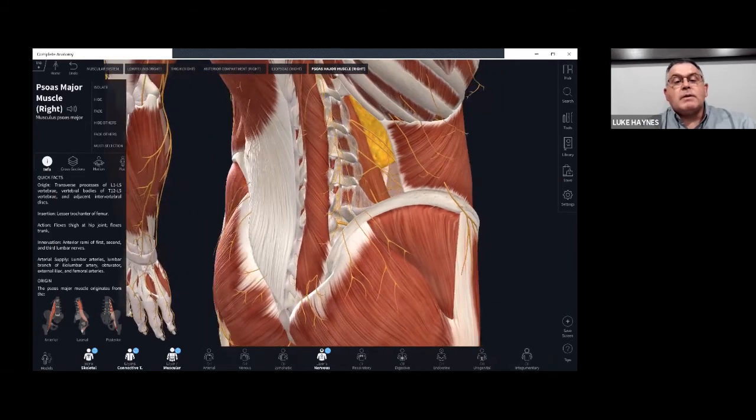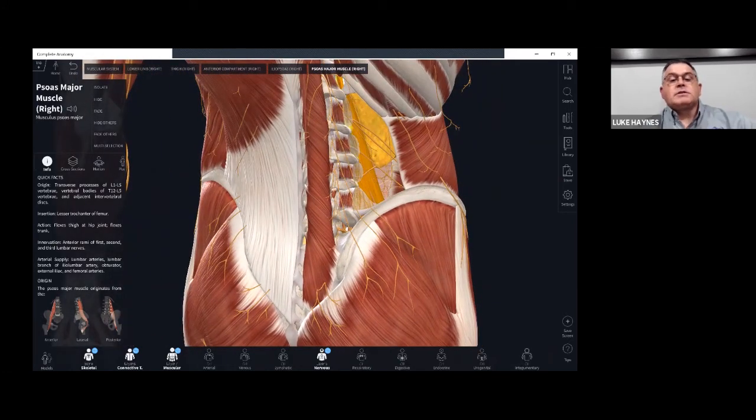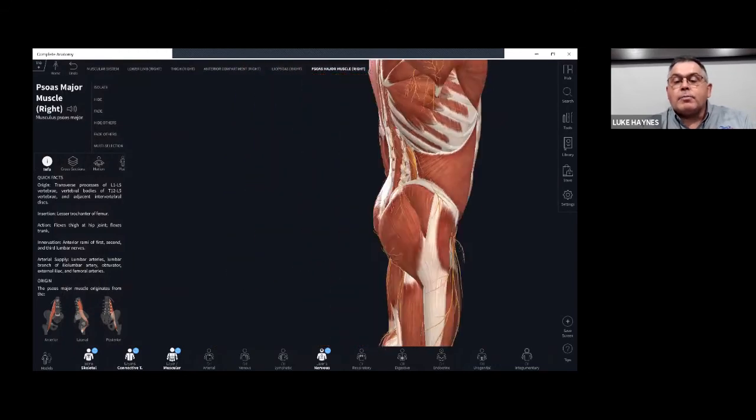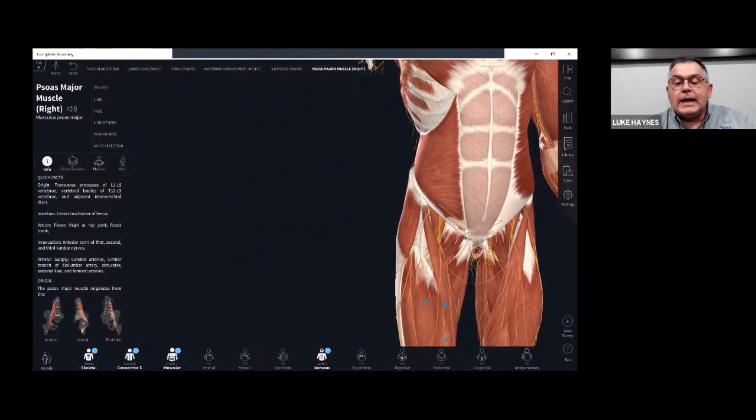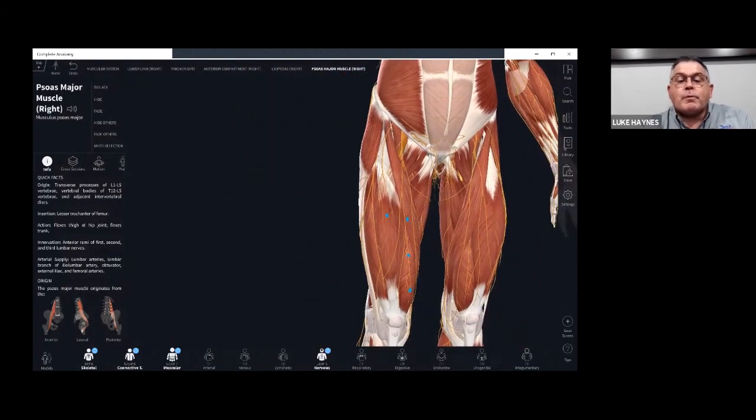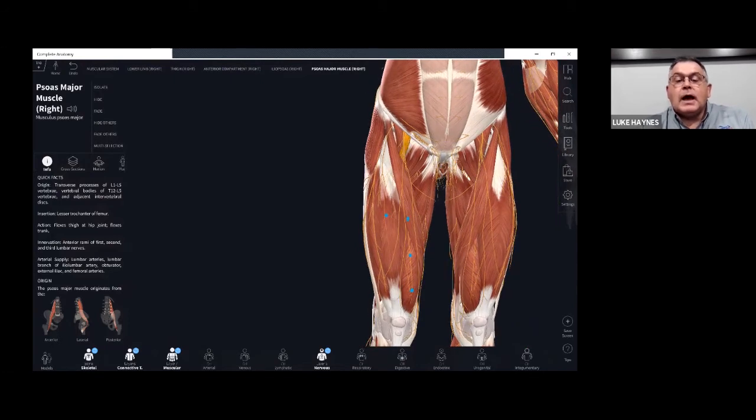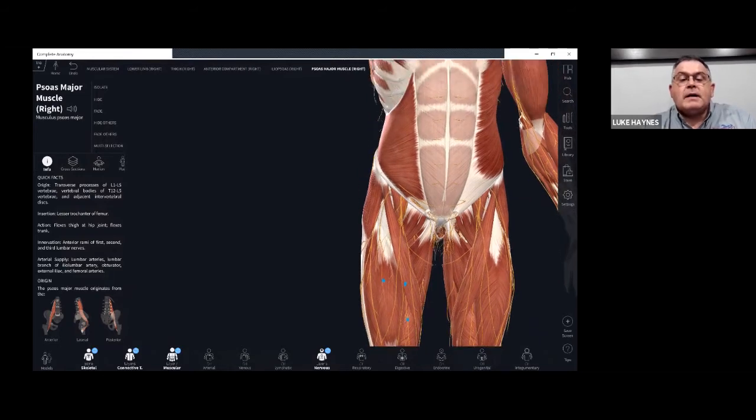So if for some reason we've got an excessive amount of muscle tension, if there's a psoas strain, which in this case my patient did have, excessive compression on that nerve can be the culprit for tightness in or poor performance in conduction of the femoral nerve into the muscles of the thigh, the quad.